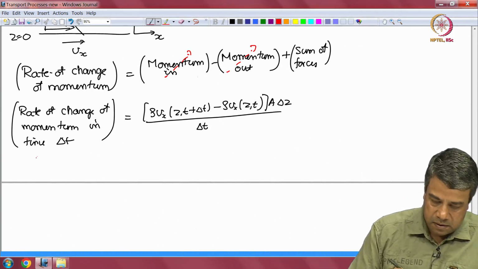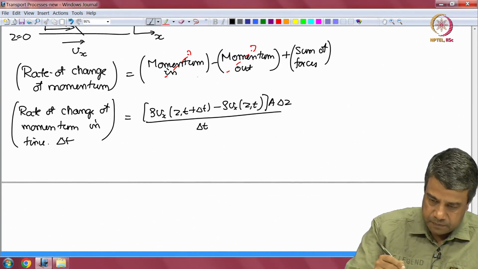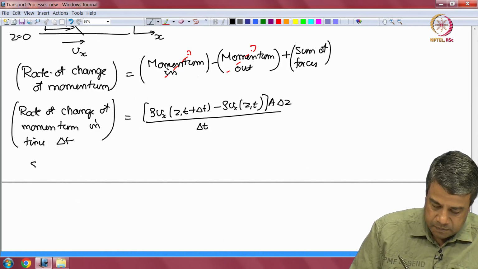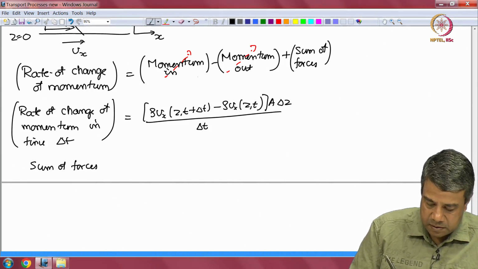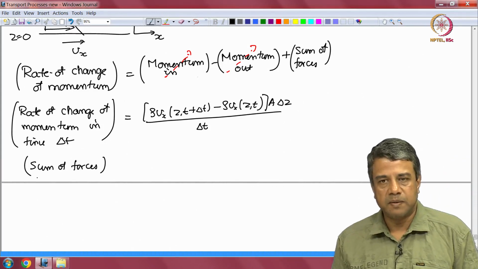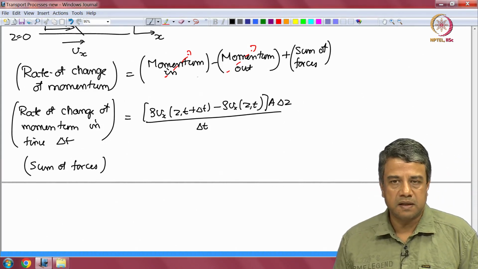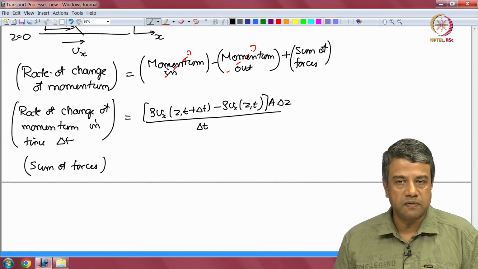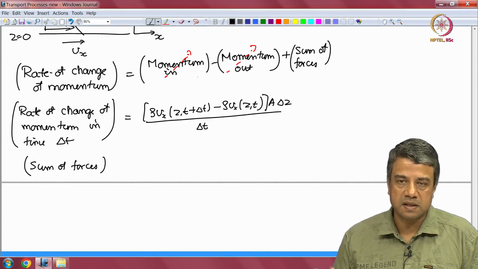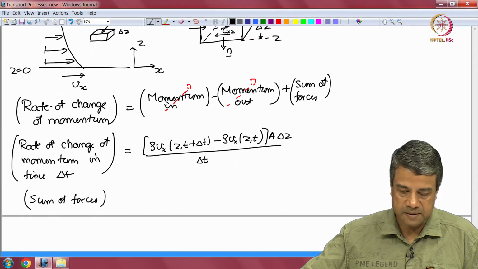So, what is the sum of forces? I said that the momentum in and out on the right and left are equal, so they sum to 0. The pressure on the left and right are equal; we are not considering pressure variations. Therefore, the sum of forces is just due to the stresses exerted on the top and bottom face.